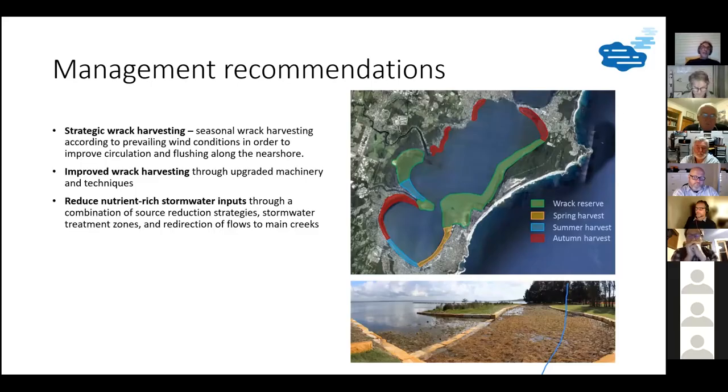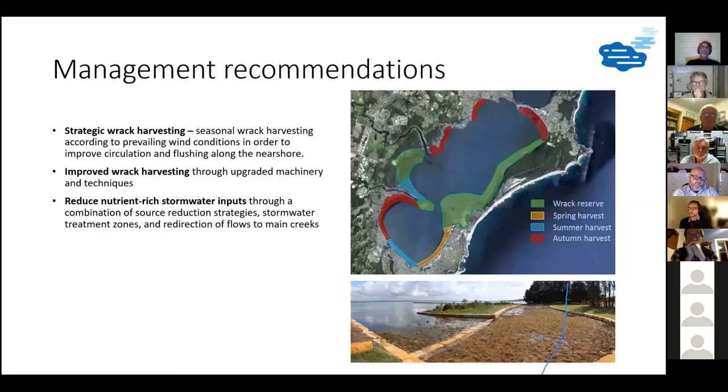And then looking at stormwater treatment zones. I've included a picture of a stormwater treatment zone that was created over on the Long Jetty shoreline by Central Coast Council.